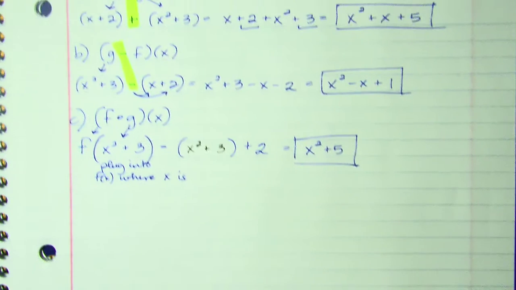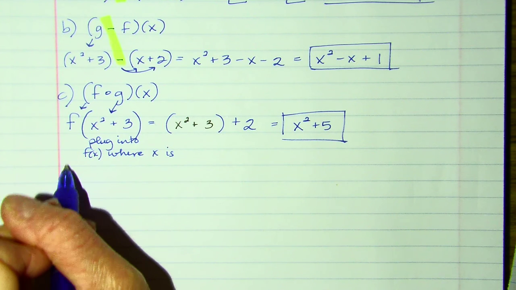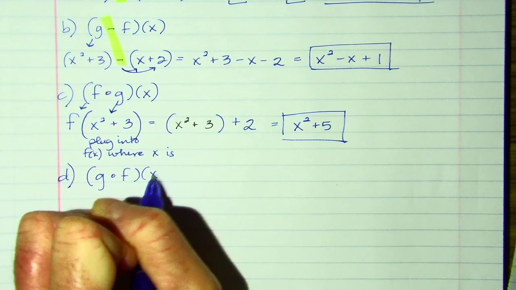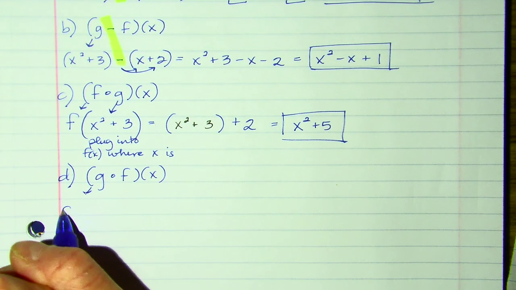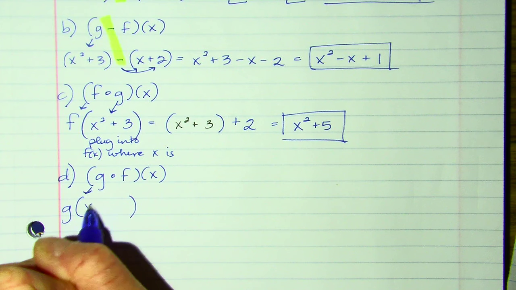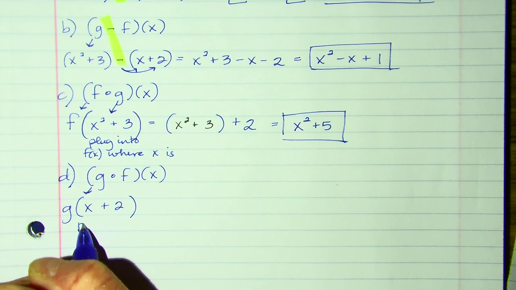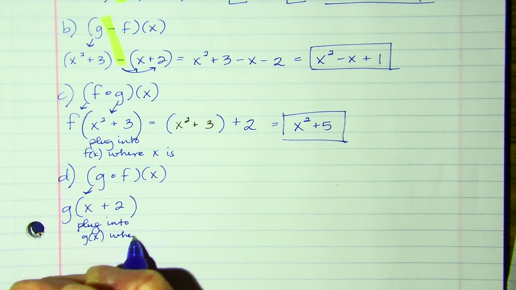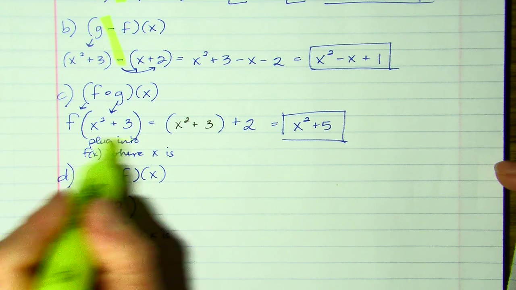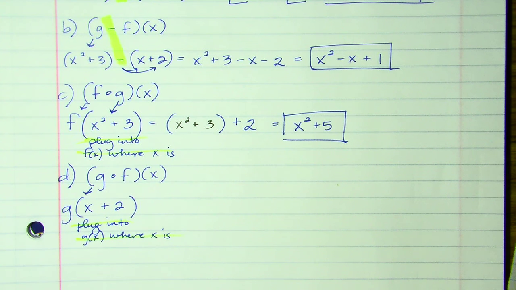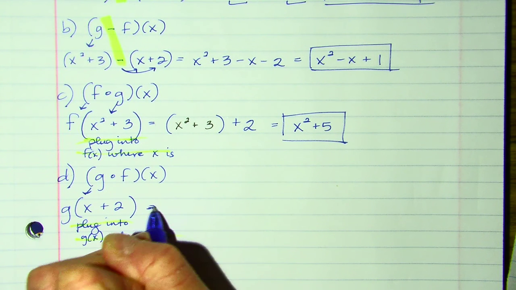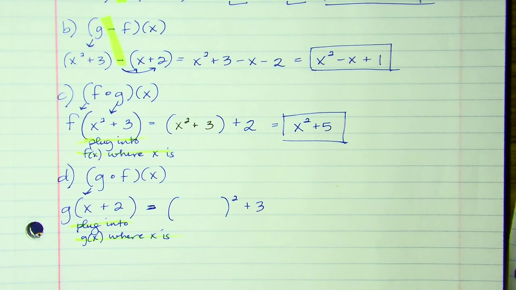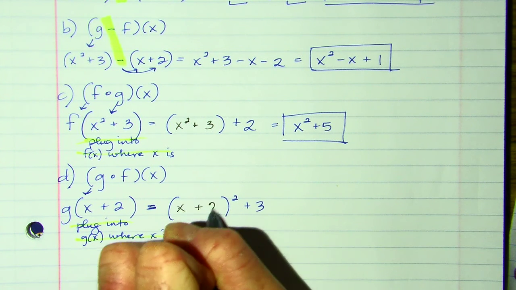Okay, let's do that in reverse. So part D, let's do g of f of x. That means I'm keeping g on the outside. I'm going to write the function of f. And so I plug into g of x where x is. So the function of g is x squared plus 3, but I'm substituting in x plus 2.